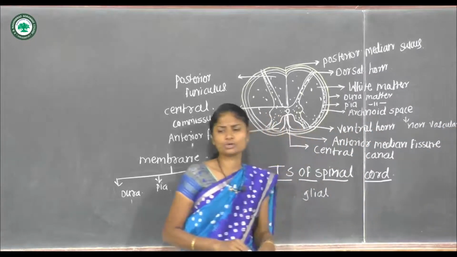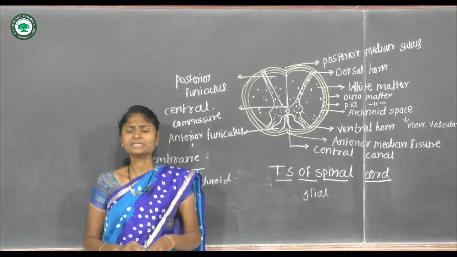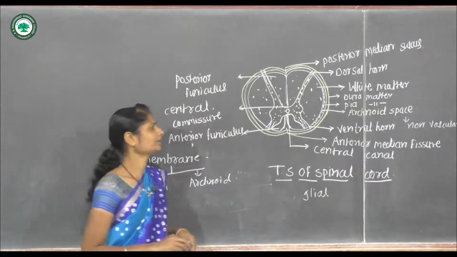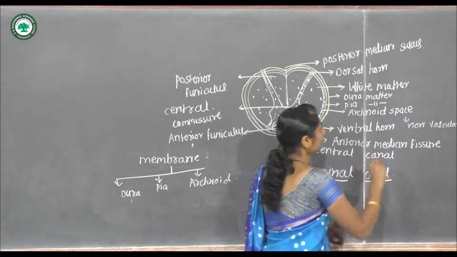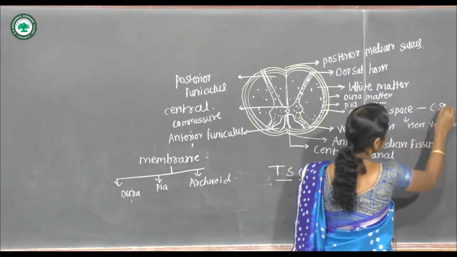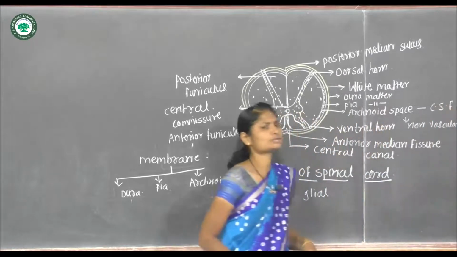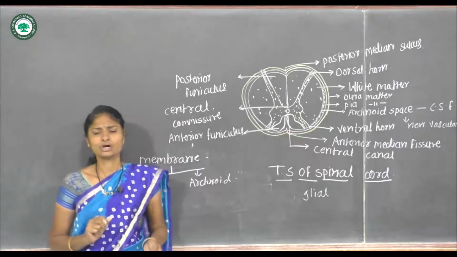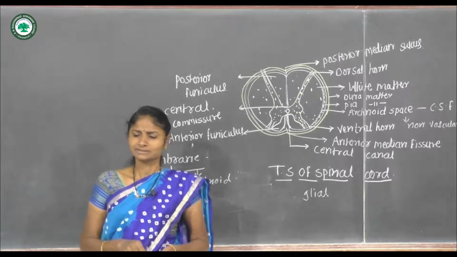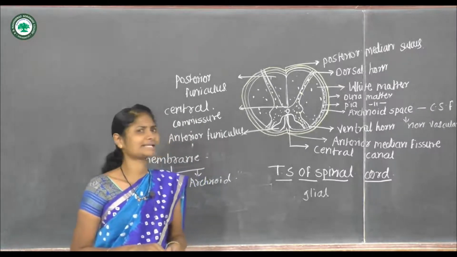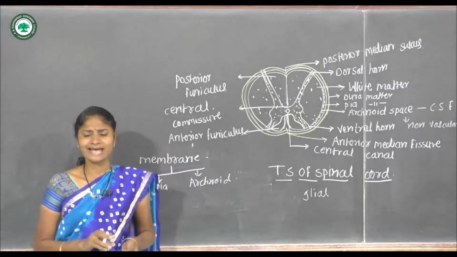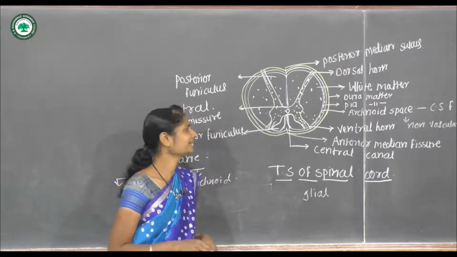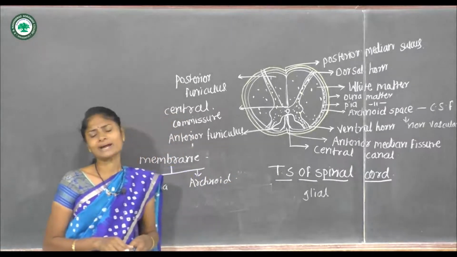This arachnoid space is filled with cerebrospinal fluid, and this fluid functions as a shock absorber. These three membranes function as a protective covering and protect the internal organ, that is the spinal cord.